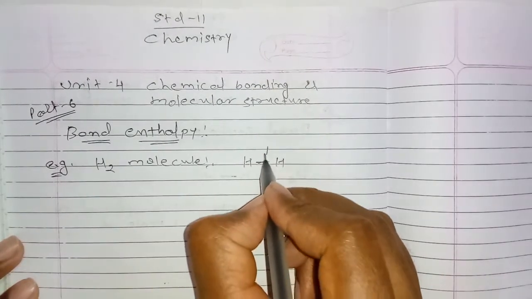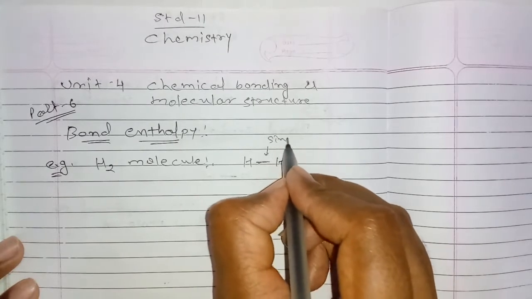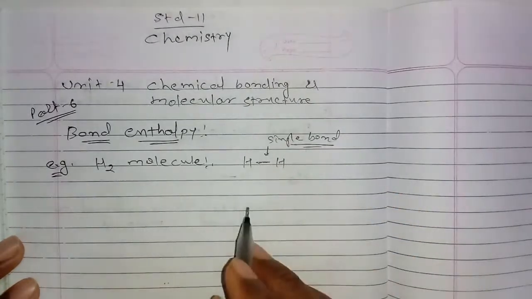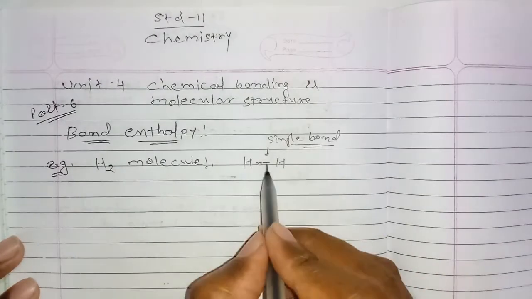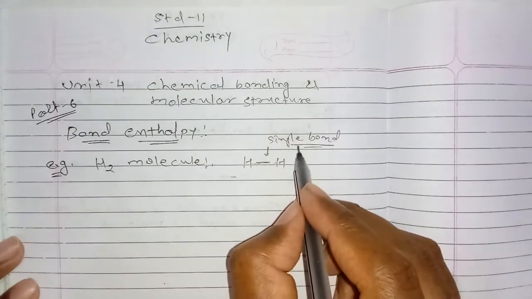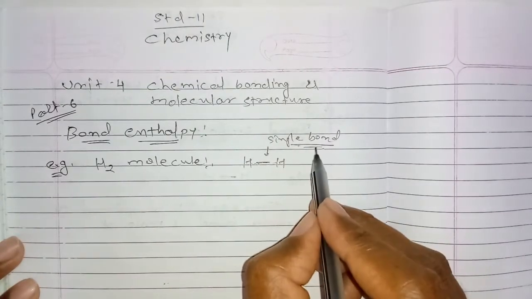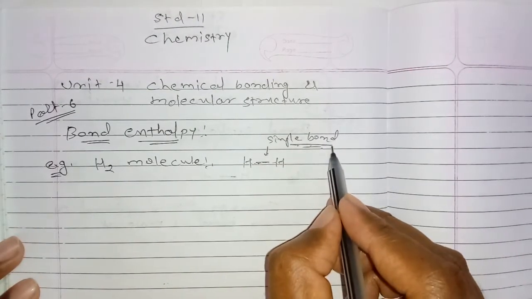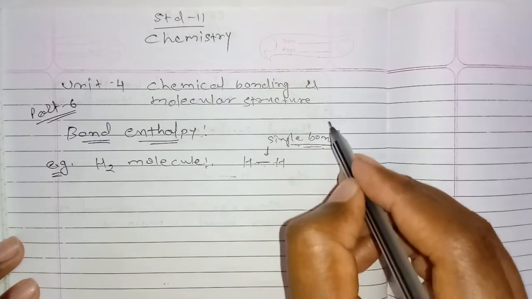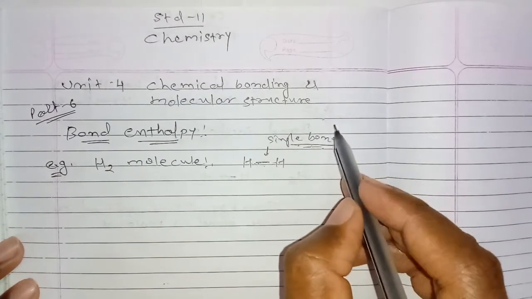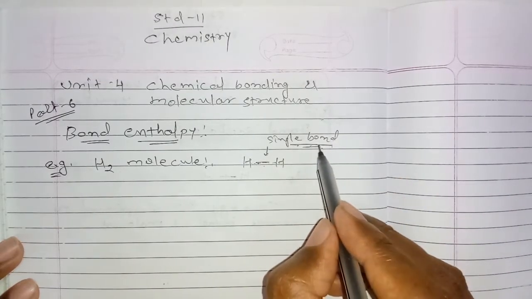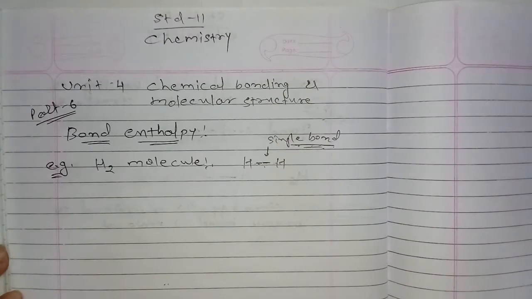How is it formed? By sharing of 1 electron. If 2 electrons are shared, there is a double bond. If 3 electrons are shared, there is a triple bond.